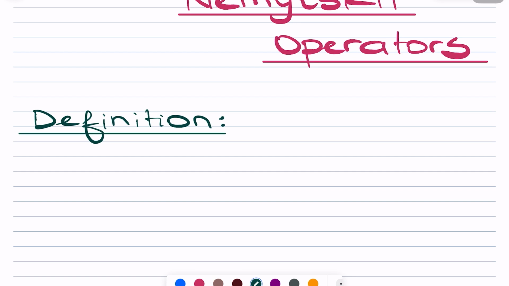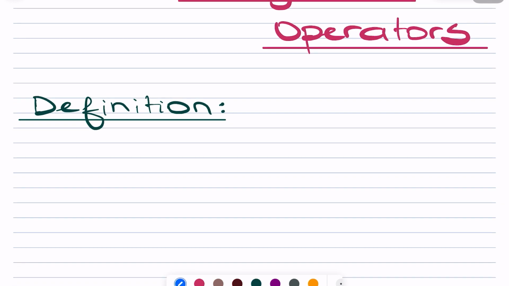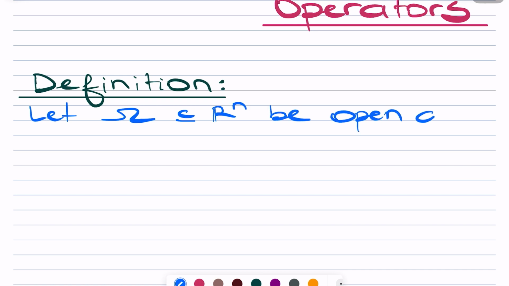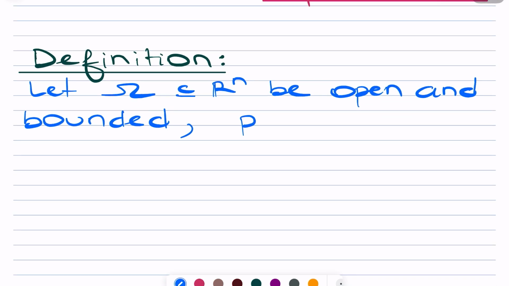Okay, so let omega, a subset of R^n, be open and bounded. Say we have p and q in [1, +infinity).